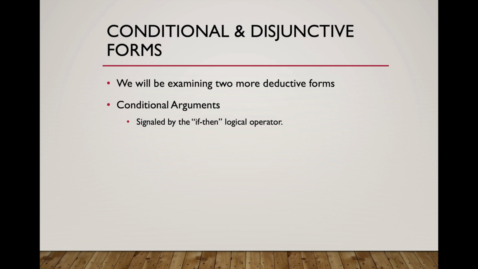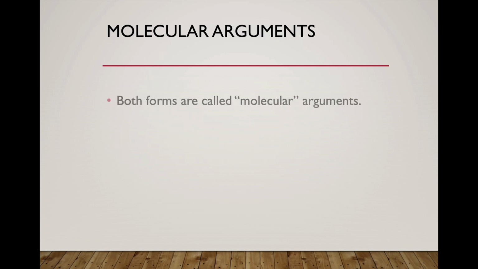So conditional arguments are signaled by the if-then logical operator or variations of that, and we'll see a number of variations in natural language. And disjunctive arguments are signaled by the either-or logical operator, or variations of the either-or expression. Again, you'll see variations of that in natural language arguments.